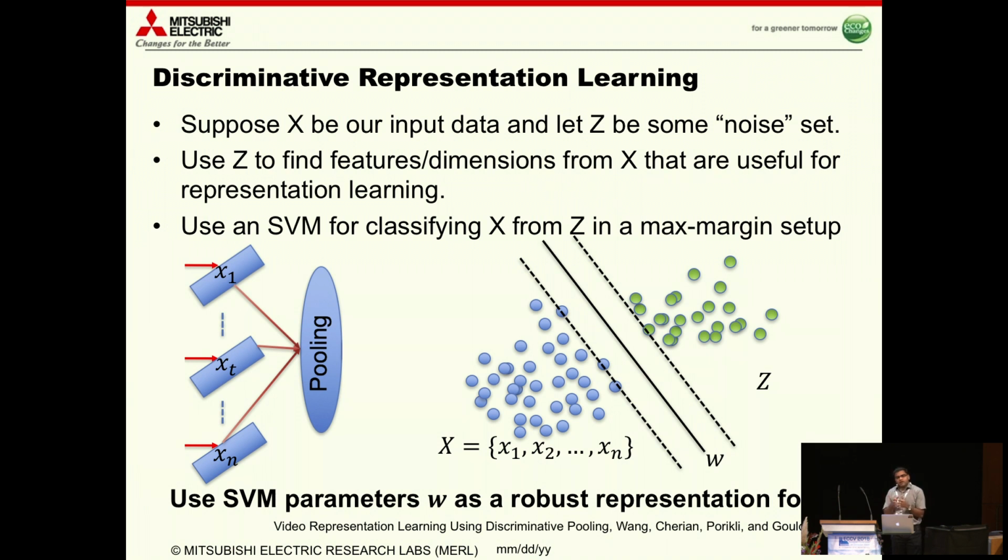So it's ultimately doing some sort of filtering of points which are not useful for this problem, and collating only those which are useful. So we could perhaps use this W as a representation for your input data. That is the crux of the algorithm. This mechanism was published earlier this year in CVPR, and we call it discriminative pooling.